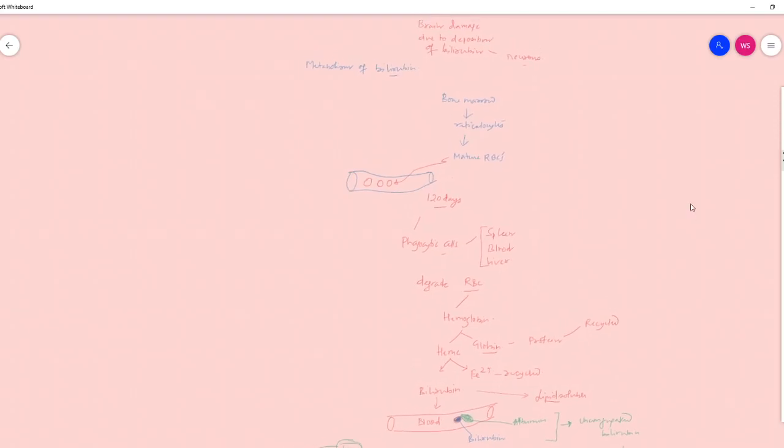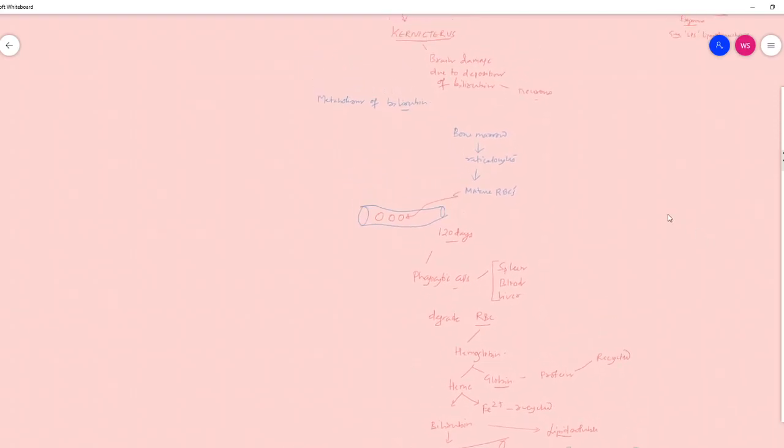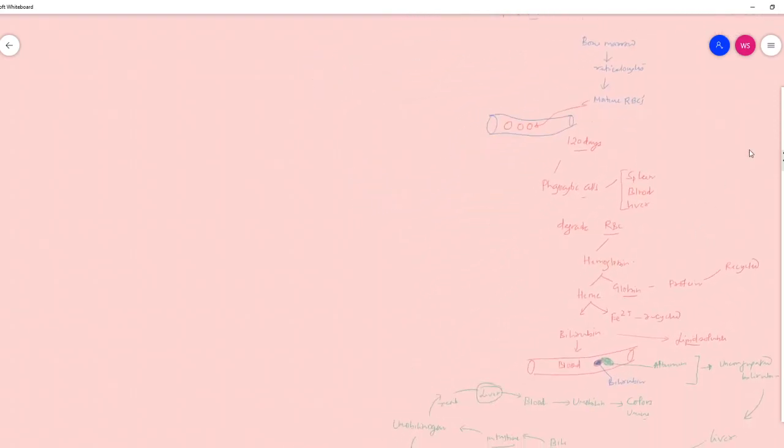So why are we talking about all this? In the blood vessel there is unconjugated bilirubin. What is that? Bilirubin plus albumin.